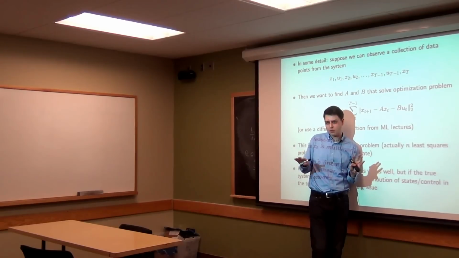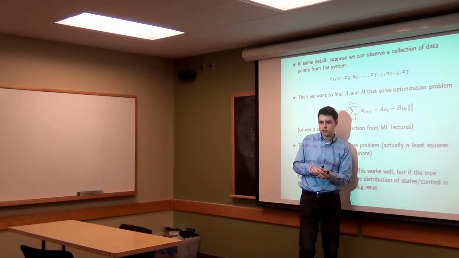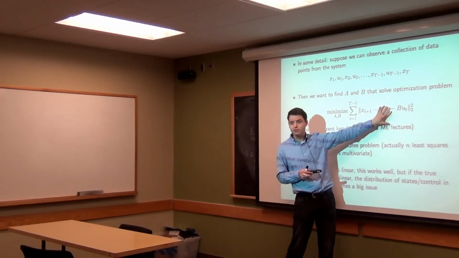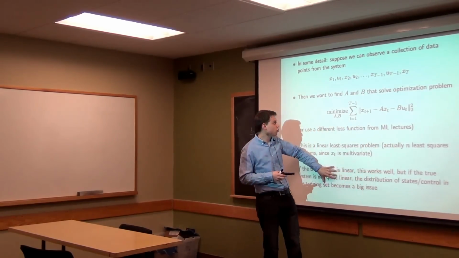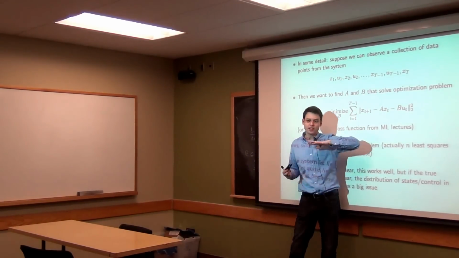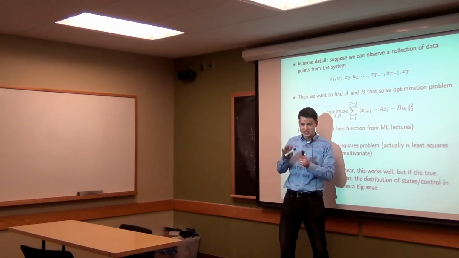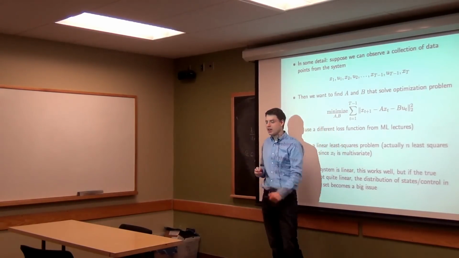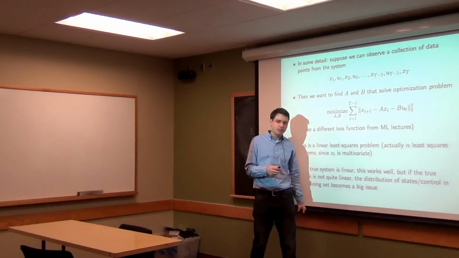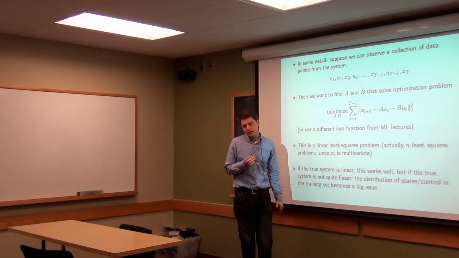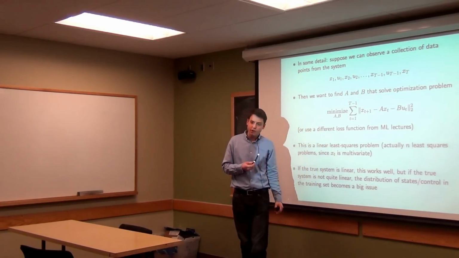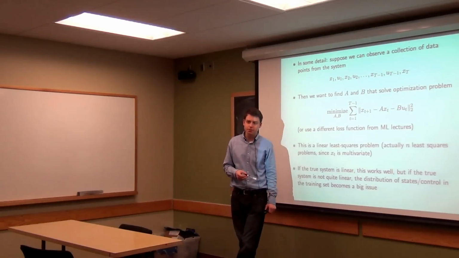Where it gets tricky is when you can't get 0 loss here. And maybe you don't quite have the right distribution, or things aren't quite linear, and you want to learn a certain A or B that's good in some regions of the state space. And for that, you do have to really think about what loss functions you might want to use. Despite this, squared loss is still very common, I should add, but you might think about different things.